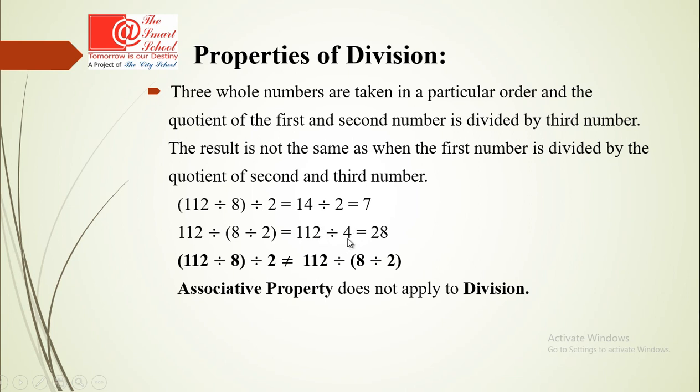The 4 has come from division of 8 by 2, and the answer is 28. Now we can check that both the answers are different. So it means we can say 112 divided by 8 inside the bracket divided by 2 is not equal to 112 divided by inside the bracket 8 divided by 2. So associative property does not apply to division.